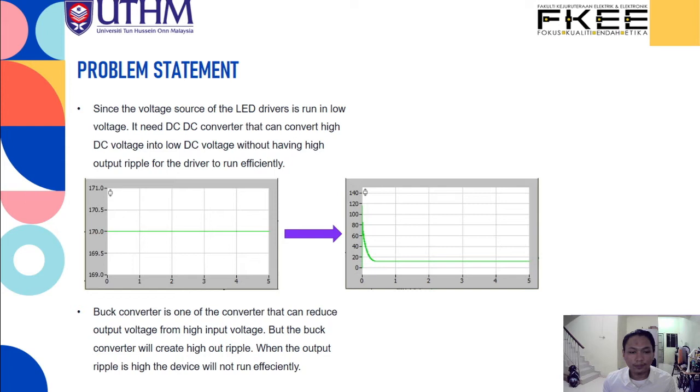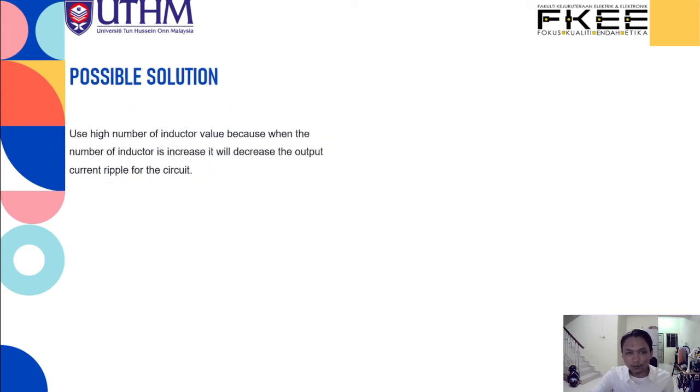When the output ripple is high, the device will not run efficiently. For the possible solution, the buck converter uses a high inductor value, because when the inductance is increased, it will decrease the output current ripple for the circuit, but it will increase the internal resistance of the system, and in the end, the circuit will not run efficiently.